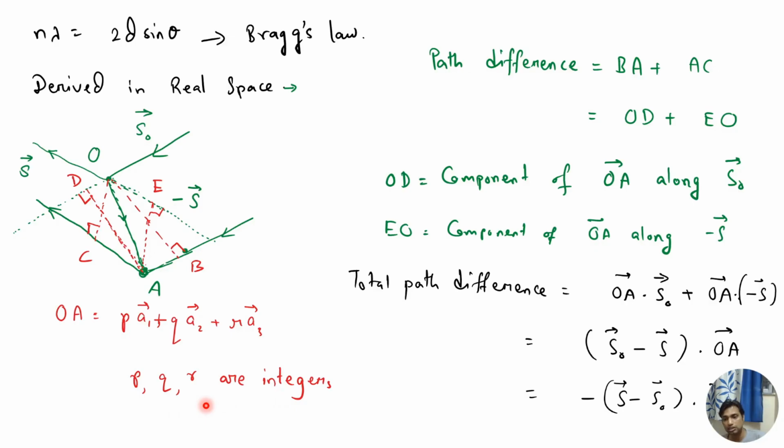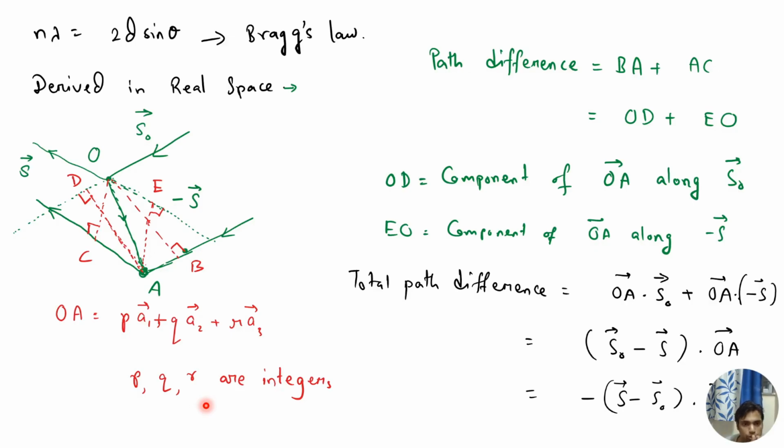When p, q and r are integers, then the vector joining O to A has to be an integral linear combination of the unit vectors, because from the origin all the lattice points can be obtained by integral translations of these unit vectors. So when you take the difference of two points, let's say O and A, you will again get an integral linear combination of a1, a2 and a3.